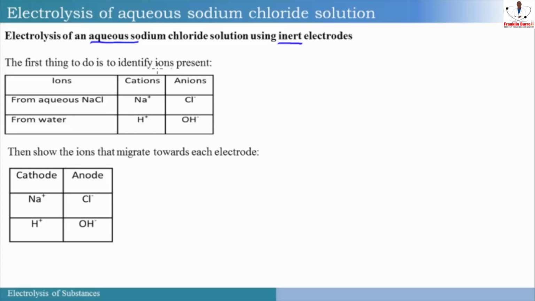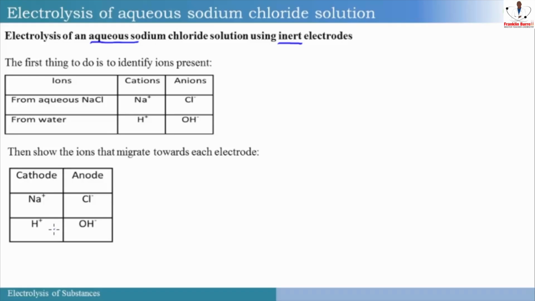So first we must identify our ions, and then we must show migration. So you'll see that Na+ and H+ ions would migrate towards the cathode, while Cl- ions and OH- ions would migrate towards the anode.